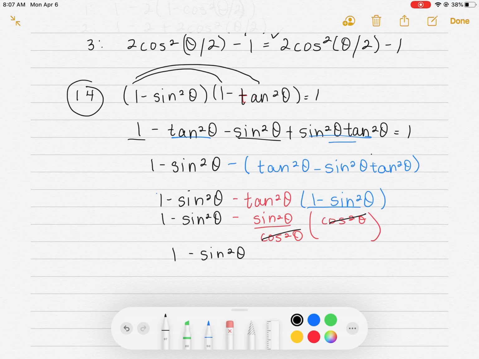1 minus the sine squared of theta and then I have minus sine squared here, and I've got to see about a sine.